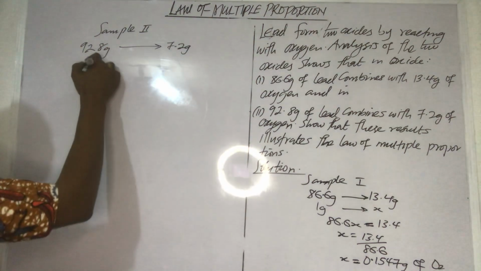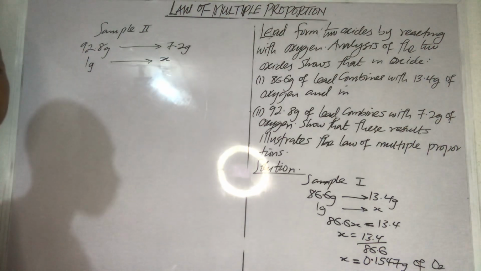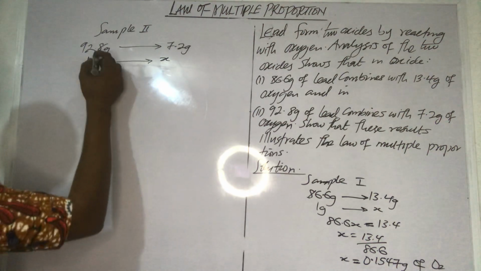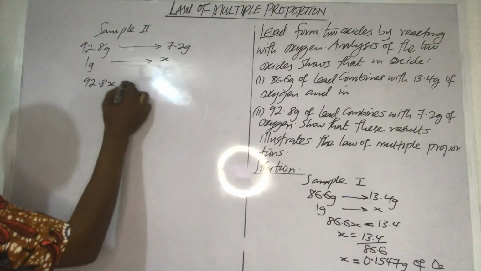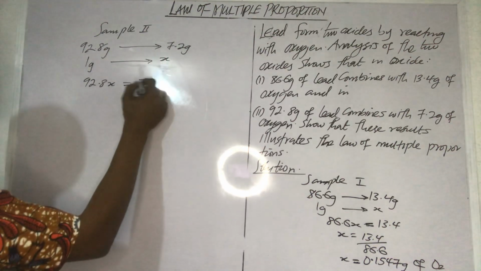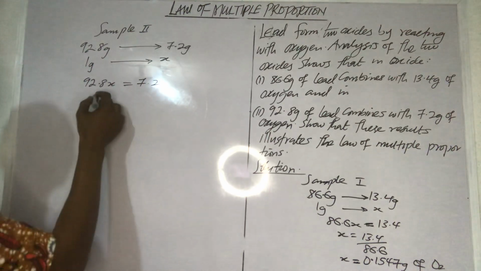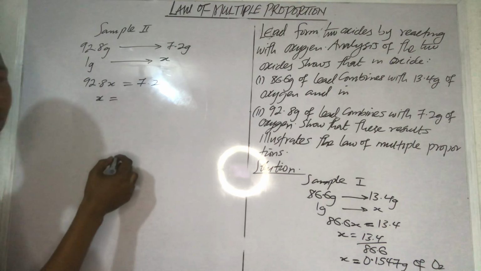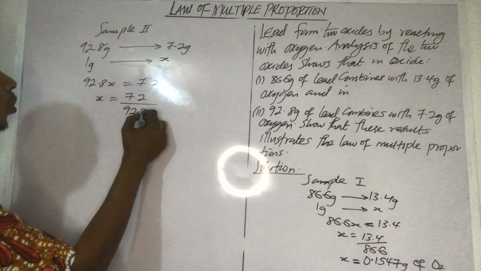So 1 gram of lead here combined with x gram of oxygen. If I cross multiply also here, I will have 92.8x equal to 1 times 7.2. So my x in this case will be equal to 7.2 divided by 92.8.